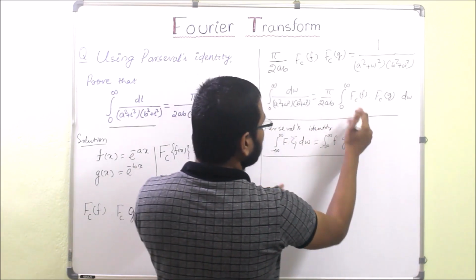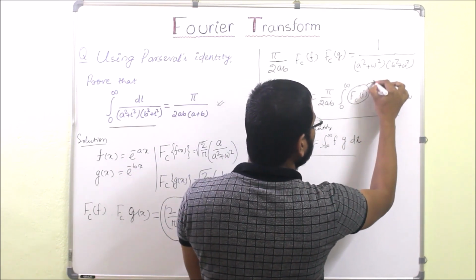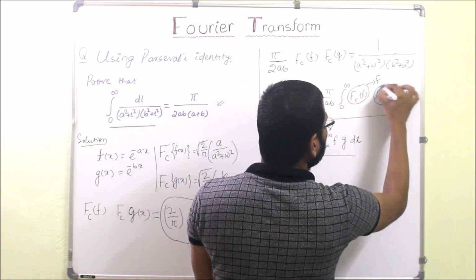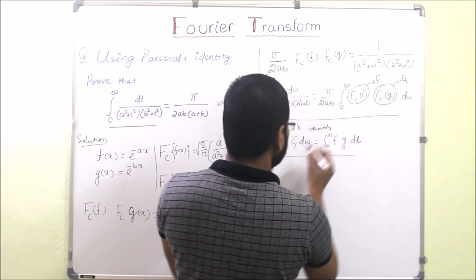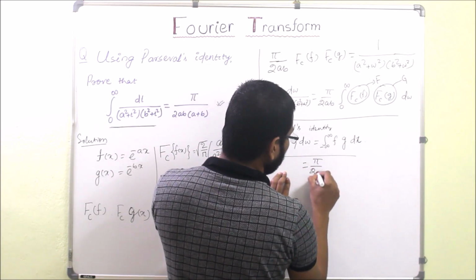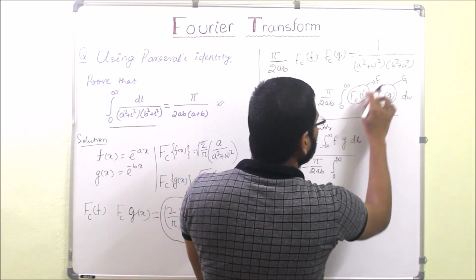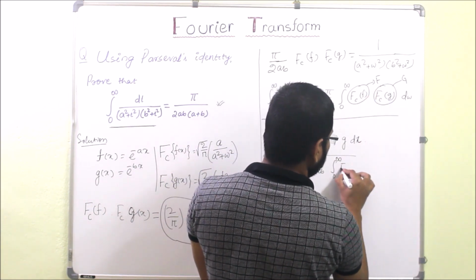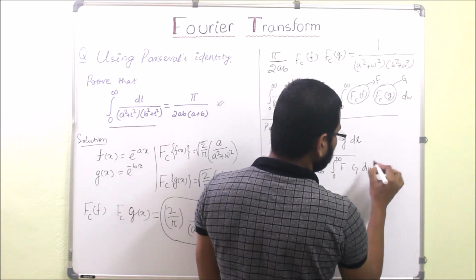Here we can write Fc of f as capital F and Fc of g as capital G. So this will be pi by 2ab into the integral from 0 to infinity of F into G dw.